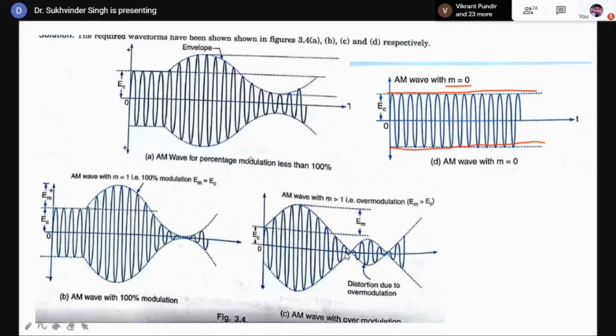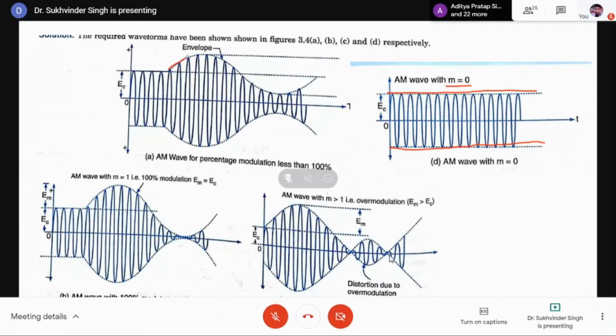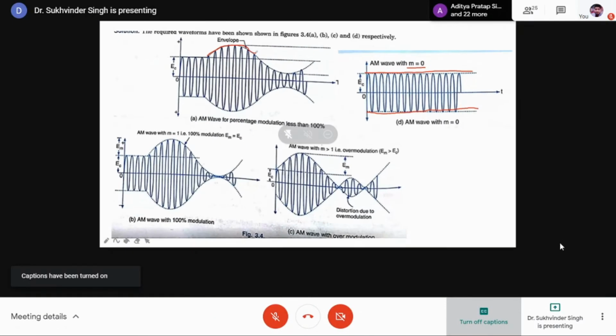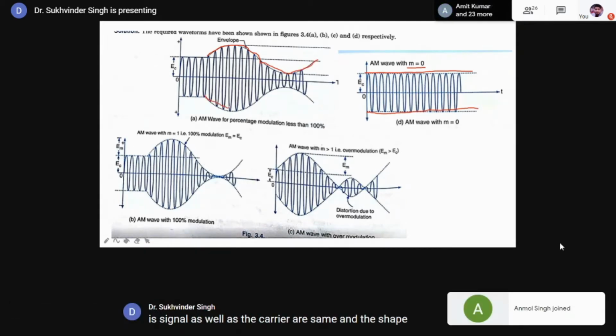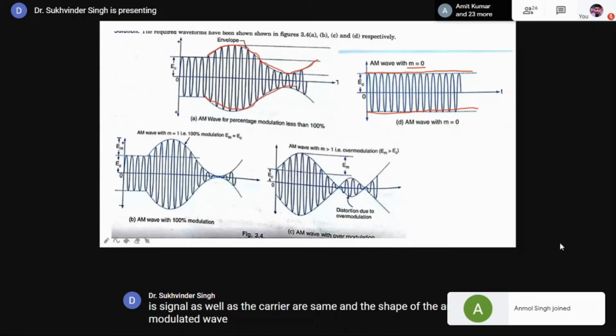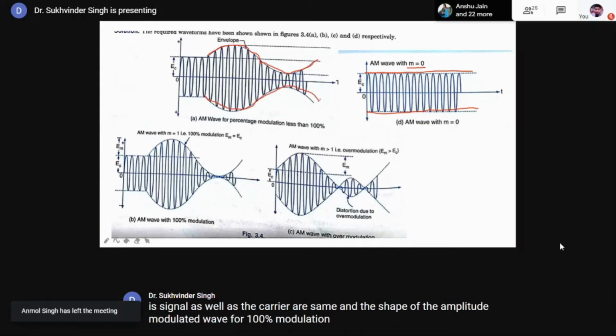So when modulation index is 1 or modulation is 100%, then it means the modulating signal and carrier signal both have the same amplitude, and this is represented in the above figure, where the amplitude of the modulating signal as well as the carrier are the same, and the shape of the amplitude modulated wave for 100% modulation will look like this figure in front of you.